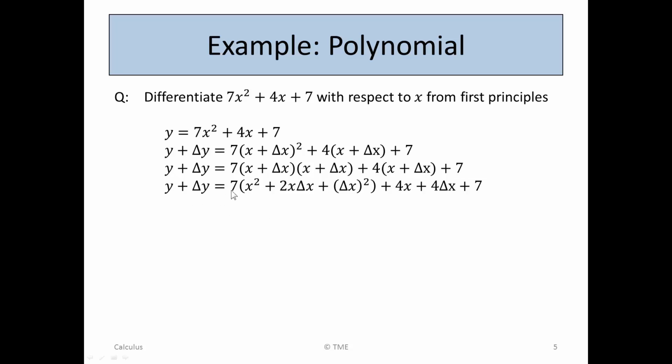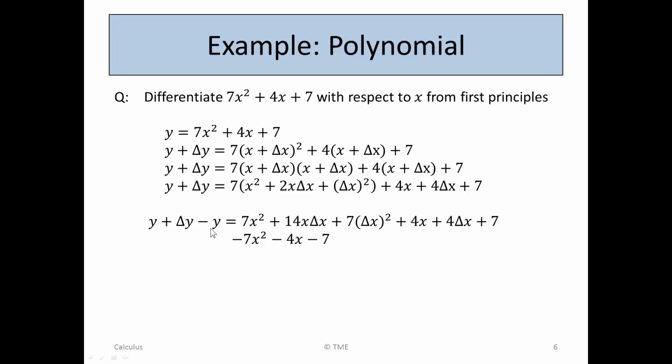Y plus delta y is 7 into x squared, x by x is x squared, x by delta x, and x by delta x gives us the 2x delta x, and the delta x by delta x gives us the delta x squared. So we get 7 into all of that, plus 4 times x plus 4 delta x plus 7.